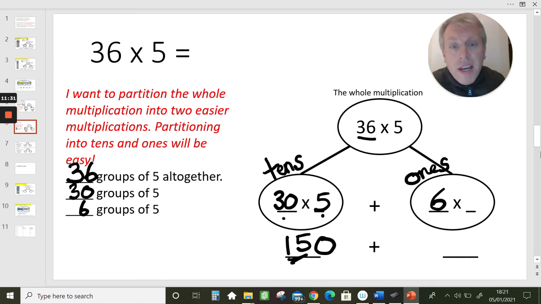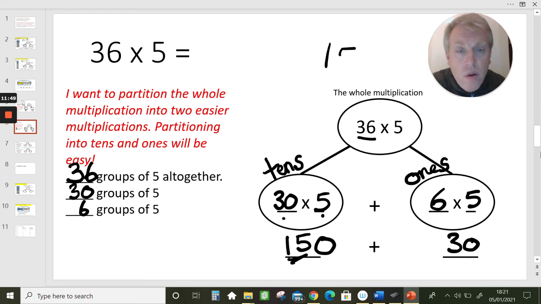And we make it 10 times bigger. 6 times 5 is 30. Oh, 150 add 30. We can say, let's do a little bit of working out over here. We're going to work it out by saying it's 150 add 30. Well, that's 180.